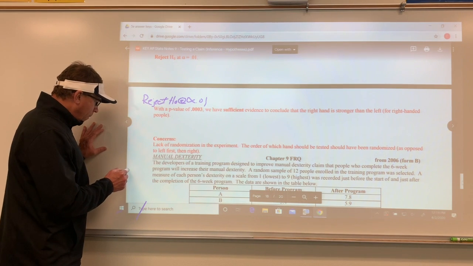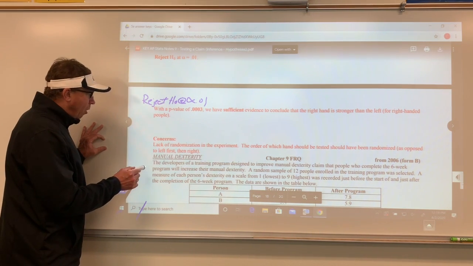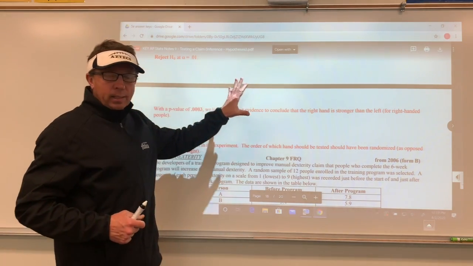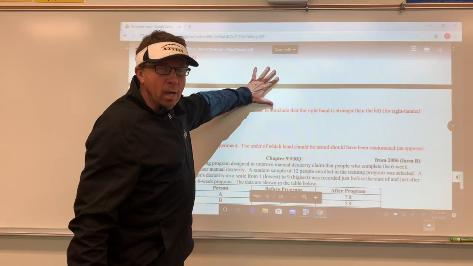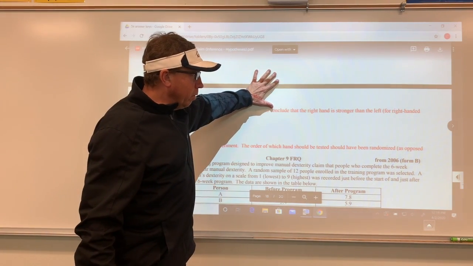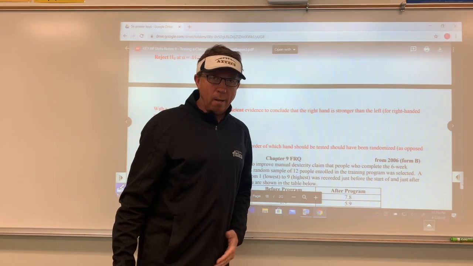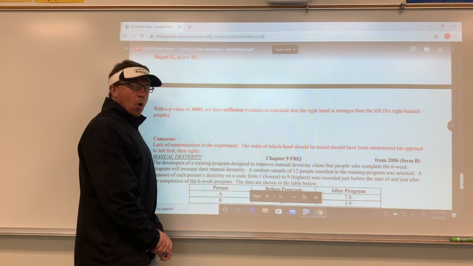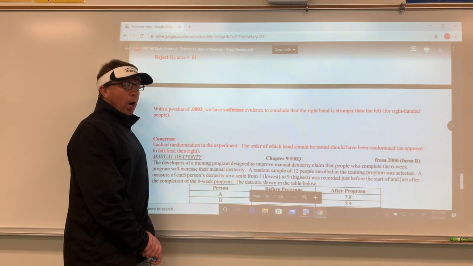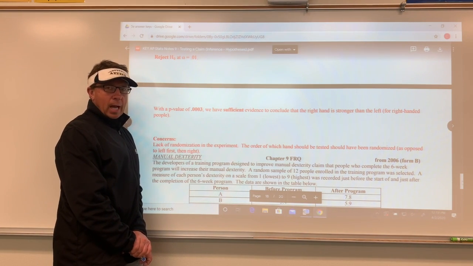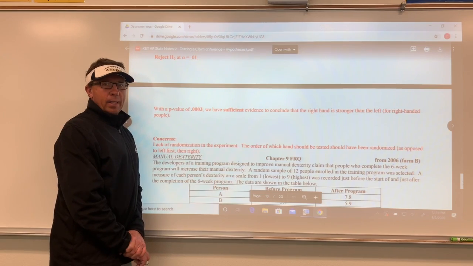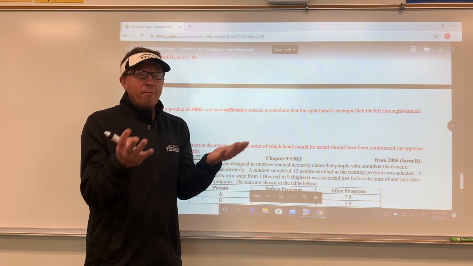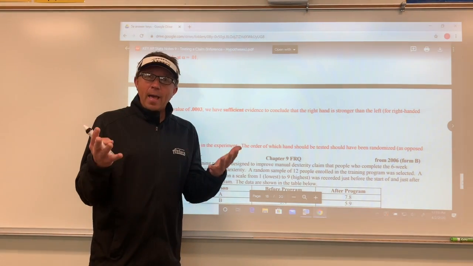Okay? Now, this problem could have also been done with a confidence interval instead of a test. I'm not going to do that here, but I am going to be doing confidence intervals in the next 3 prompts as well. One other note, when you have a p-value that's low, you are running the risk of a type 1 error, because type 1 error is you rejected H0, but H0 could have been true, and you'll find that out later.